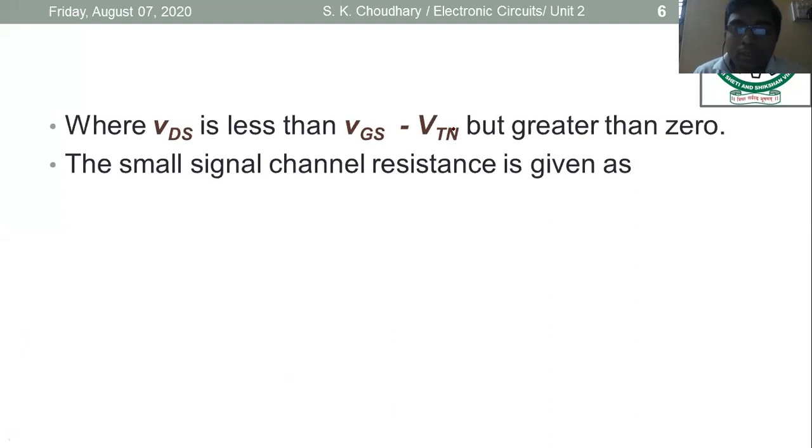What is the equation for R on? How do we find out the value of R on? That is the channel resistance, small signal channel resistance. Small r means small signal channel resistance.